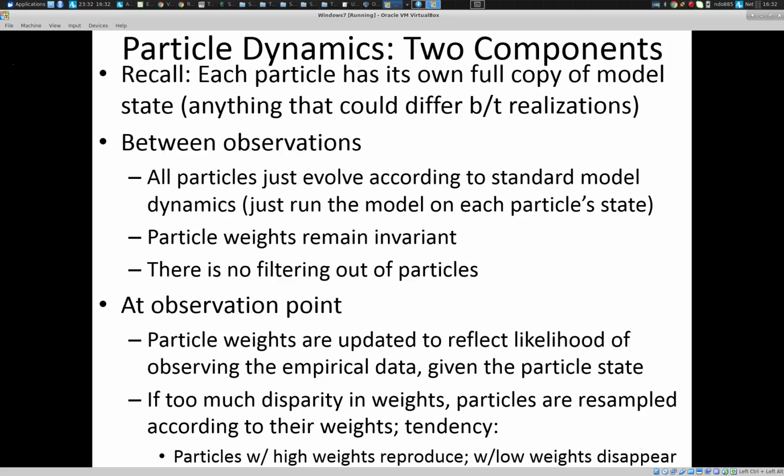On the other hand, there might be another particle that posits a low number of susceptibles and a modest number of infectives, maybe in the 100. Now that's more consistent with the empirical data, so its weight will be updated in a way that will tend to grow its weight. There may be another one which posits lots and lots of susceptibles, but very few infectives, just 2 or 3.